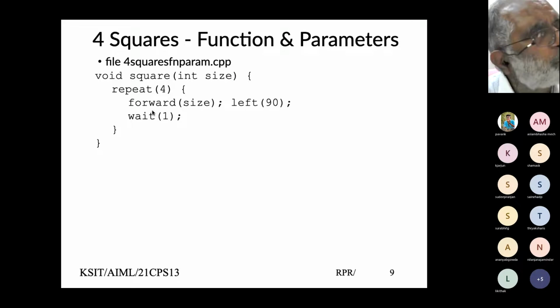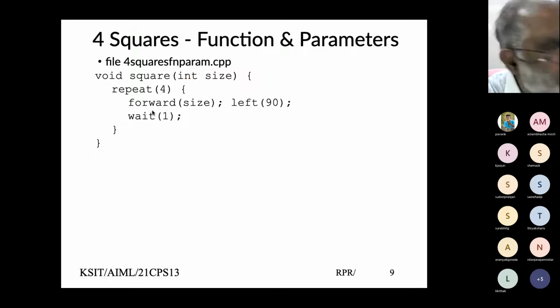Now with this, what is happening? When I call my function square, I also need to specify the size of each side I want, that is, specify the parameter, and when I do that, my function draws accordingly, and it gives me a lot more flexibility. So this is what is called parameter passing to the function.